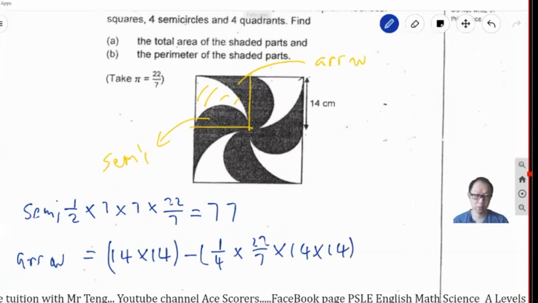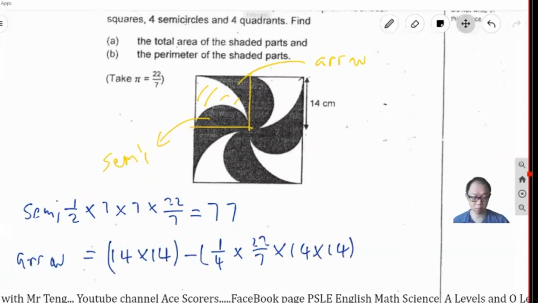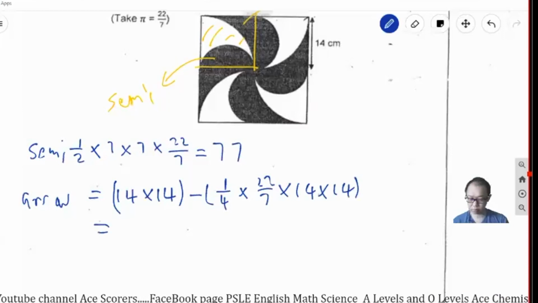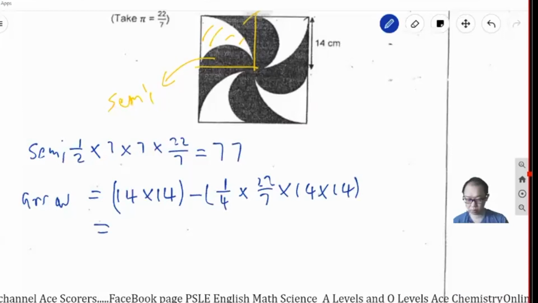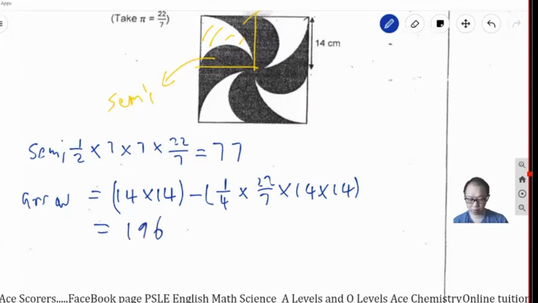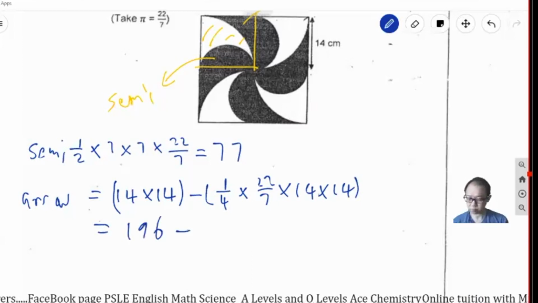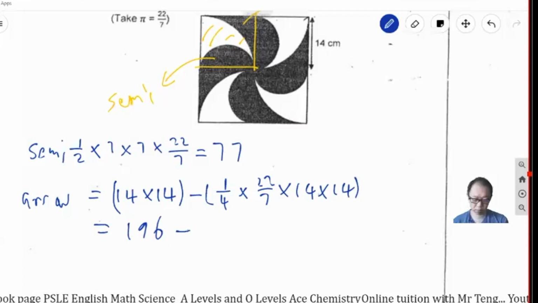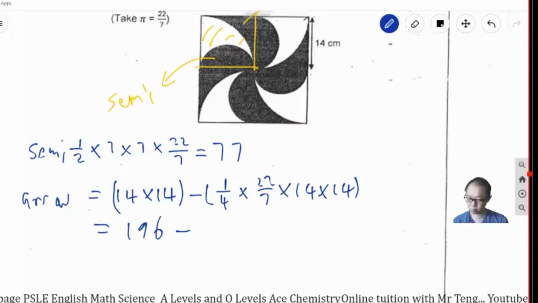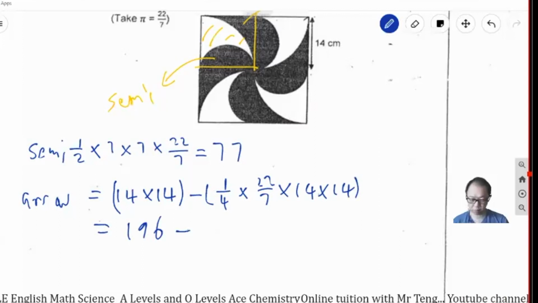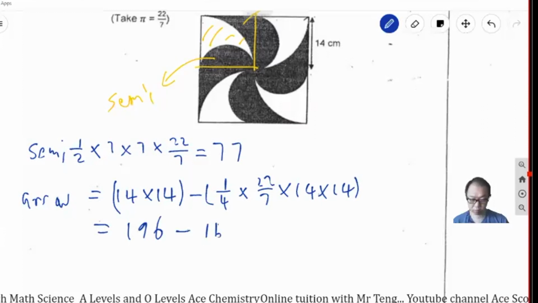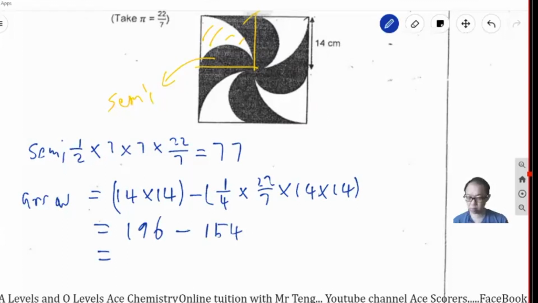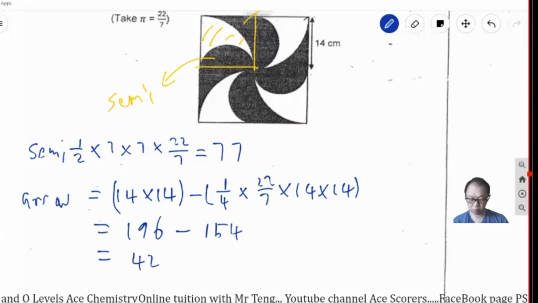That is a lot of working to do. Equals 196 minus 154, which is 42. So the arrowhead I got is 42.